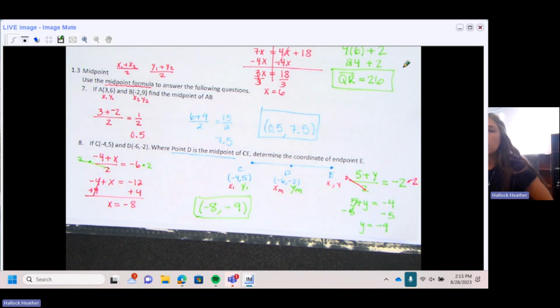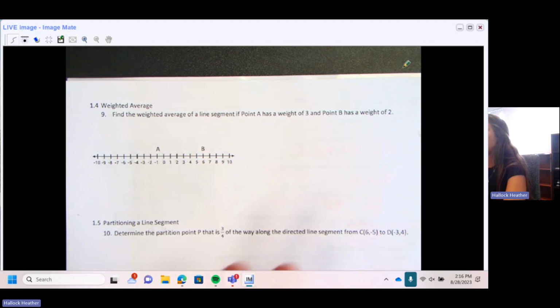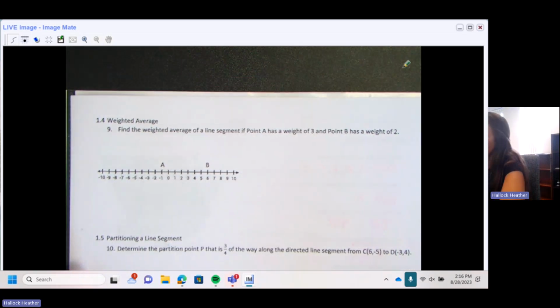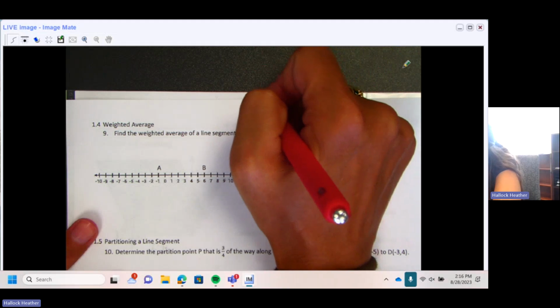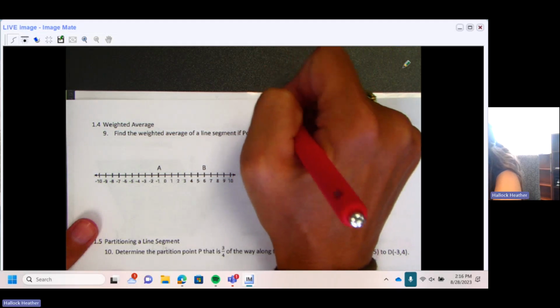Okay, on to the back. So that was 1.3, midpoint. Now we're going to do 1.4. 1.4 is weighted average. So your weighted average formula, this is also in your notes. I'll put it up here. For the weighted average, it is taking your first weight and multiplying by your first x value.